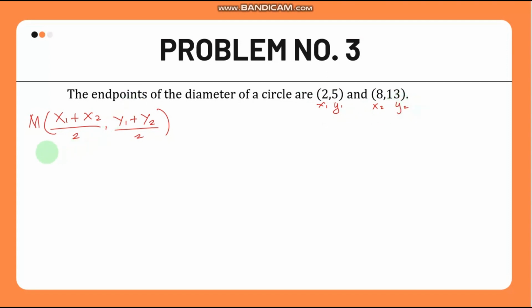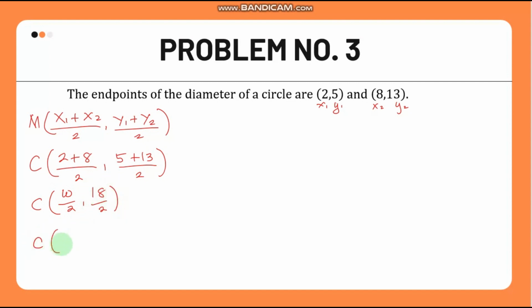By substitution, we can use c instead of m to represent center. x₁ is 2, x₂ is 8, divided by 2. y₁ is 5, y₂ is 13, divided by 2. So 2 plus 8, 10 over 2, 5 plus 13, 18 over 2. Therefore, the center is located at (5, 9).